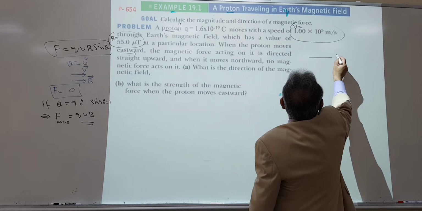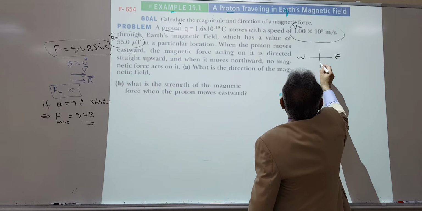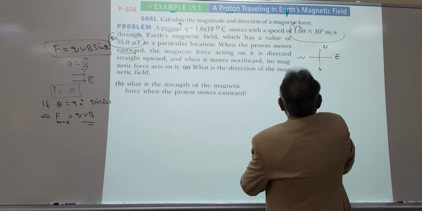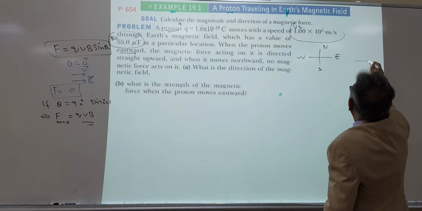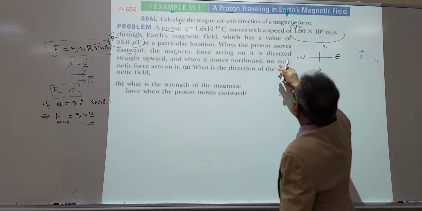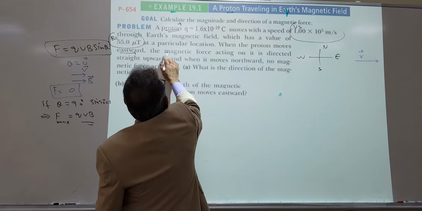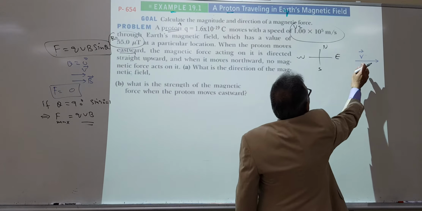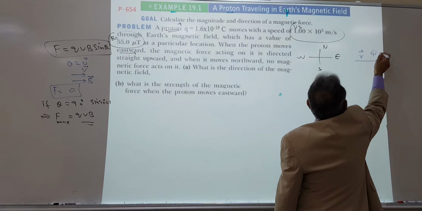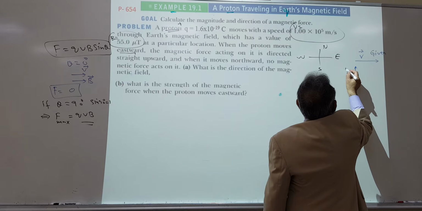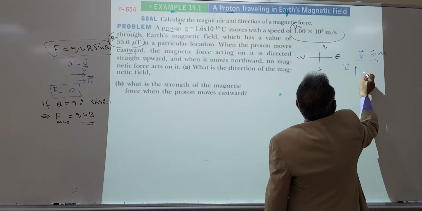you see eastward, so this is V. Moves eastward, the magnetic force acting on it is upward. So two things are given: velocity, and force is given up.